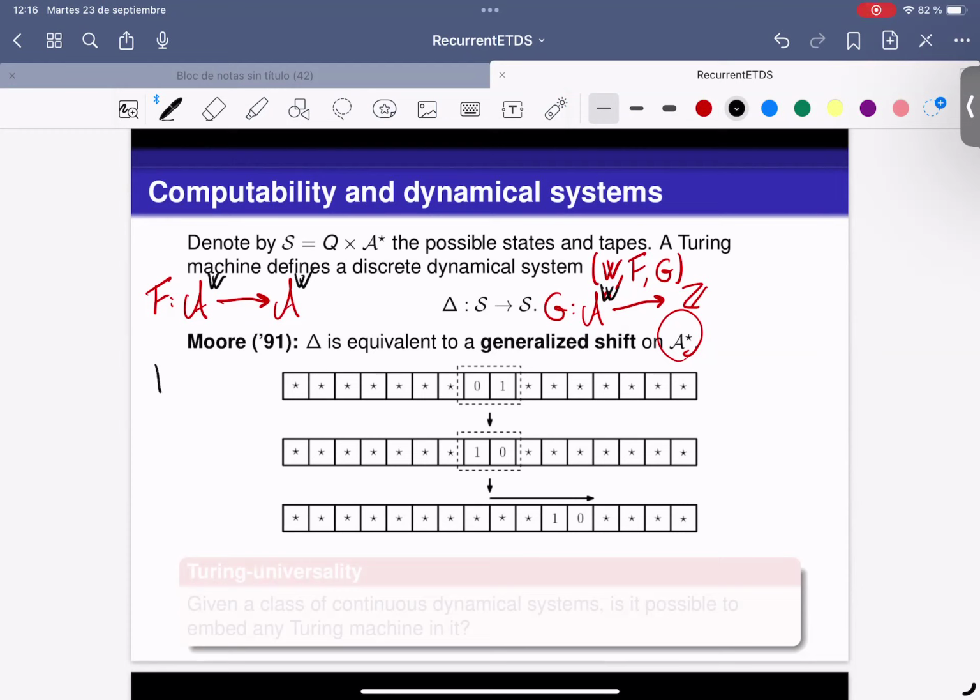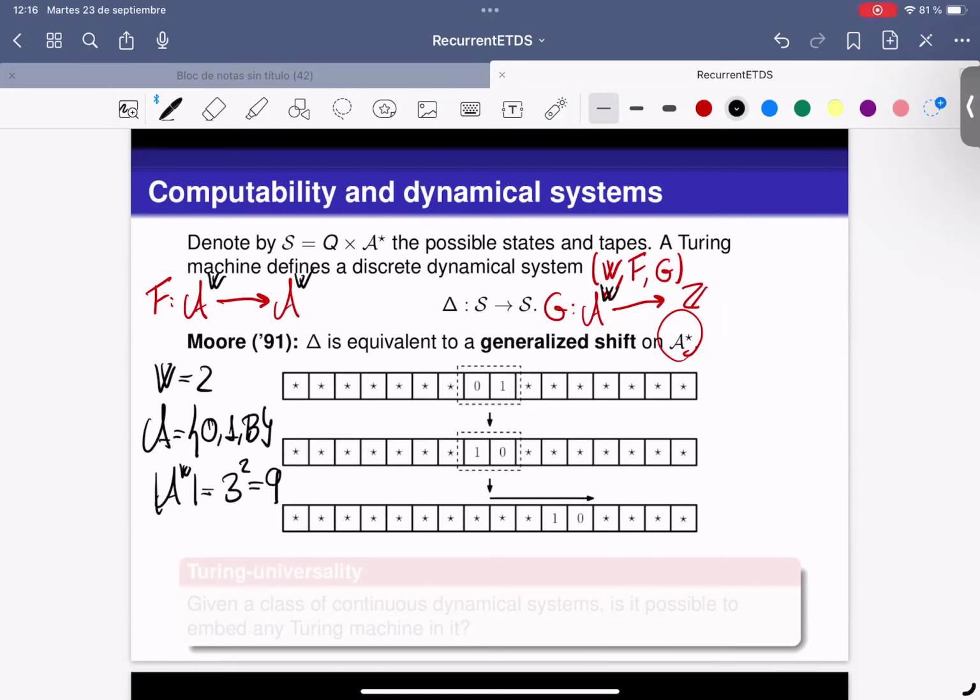But if we have W equal 2 and A equal 0, 1 and the blank symbol, then this has 3 squared, so 9 possibilities. So it's a function from 9 points to a set. Maybe I can move 1,000 to the right, but that's all.